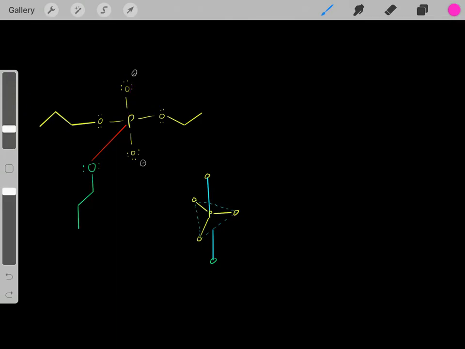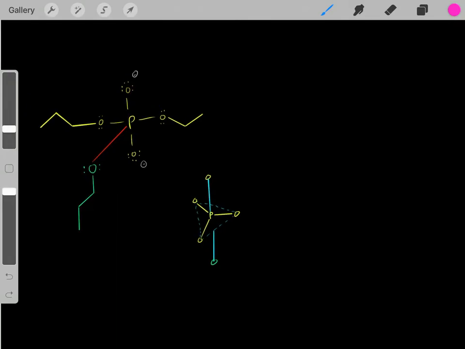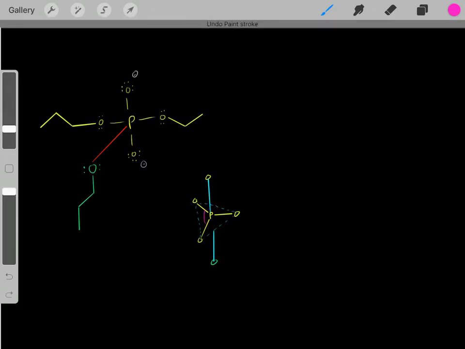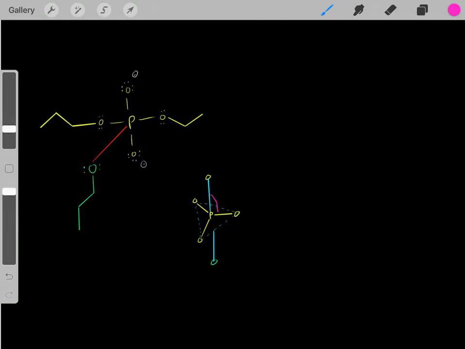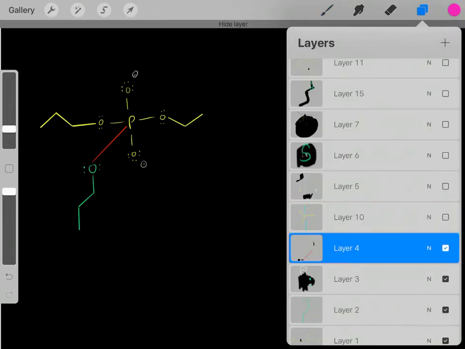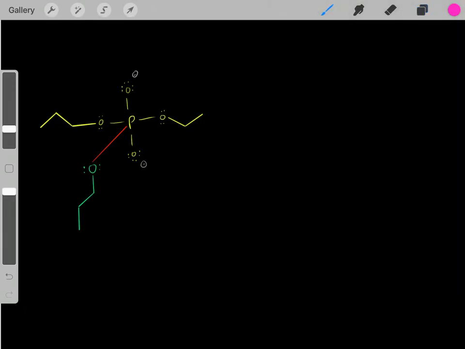So this is more accurate, what the geometry looks like, where again, we have these 60-degree angles, and then this is perpendicular. But again, the point is, we form this trigonal bipyramidal intermediate.